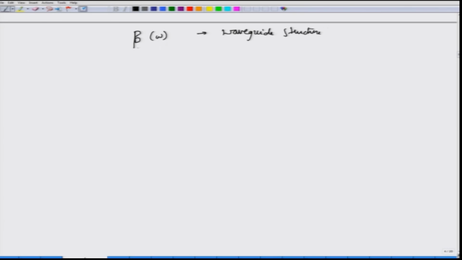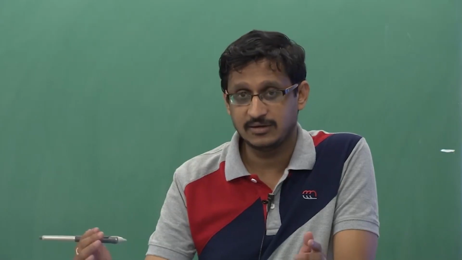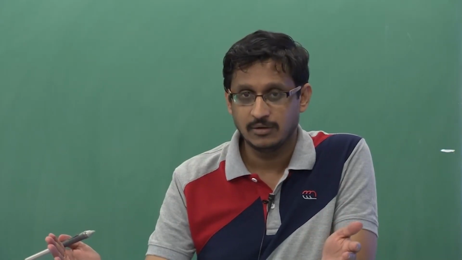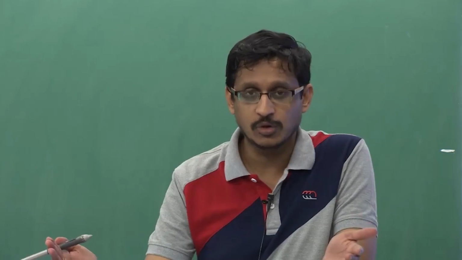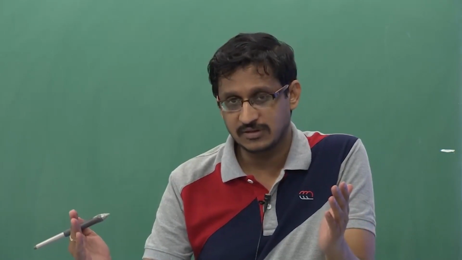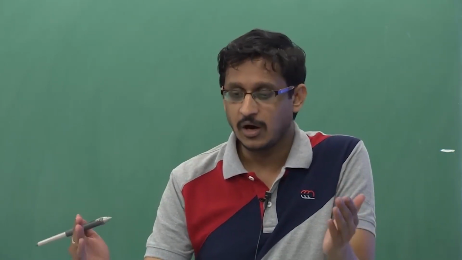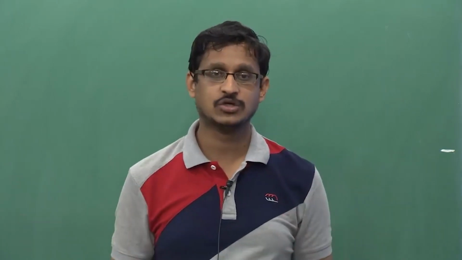The equation for beta of omega is not very easy to find out, because it requires you to first find, for a given frequency omega, the corresponding propagation constant beta of omega. Remember, how do I calculate beta of omega for a single mode fiber? I have to go back and write that big complicated equation, right. In the last 2 modules, in discussing the modes of an optical fiber, we saw how to obtain the propagation constant beta.